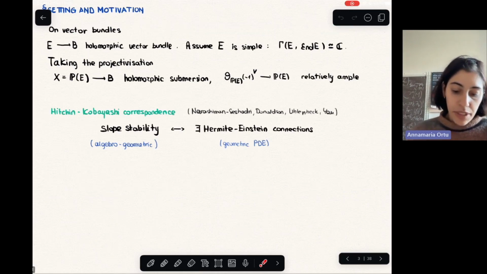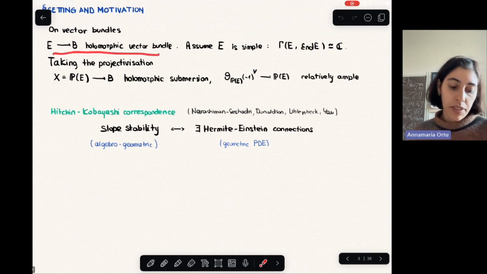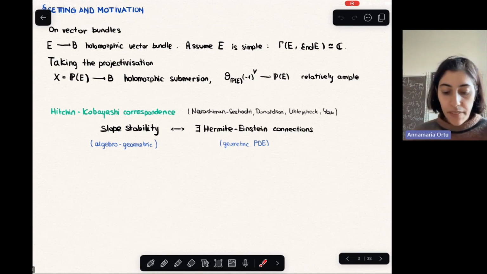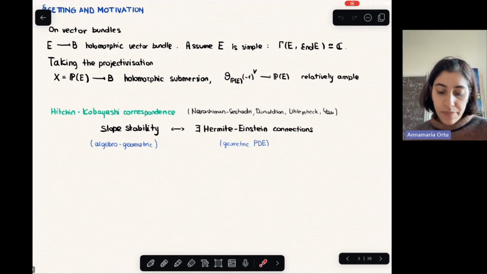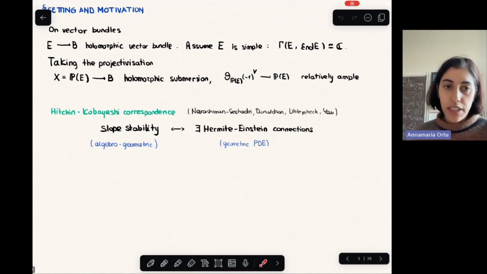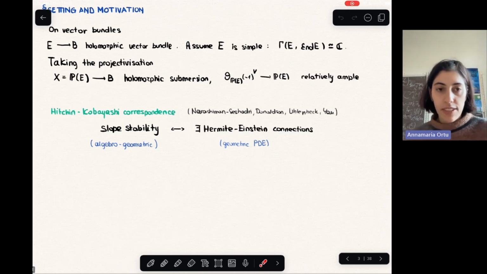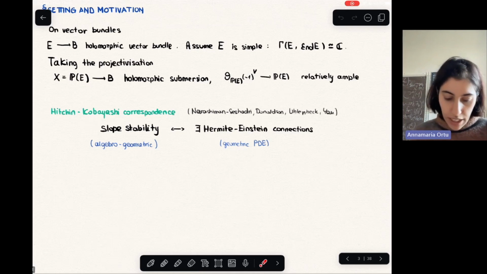So vector bundles: if we fix a holomorphic vector bundle E over a base B and assume that it's simple, so its endomorphisms have only one-dimensional global sections, then we can construct a holomorphic submersion by taking its projectivization. For each fiber, we take the projectivization of that fiber.